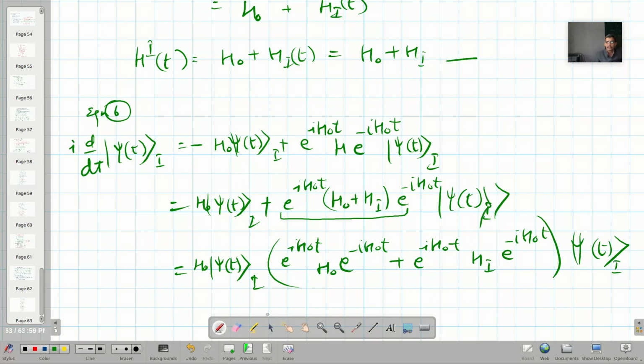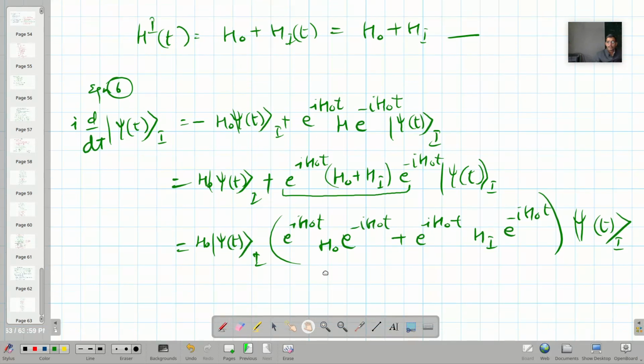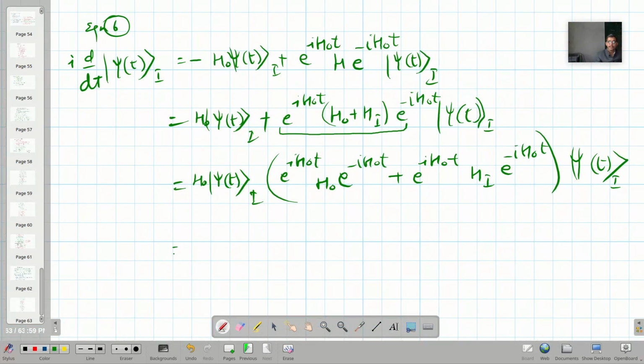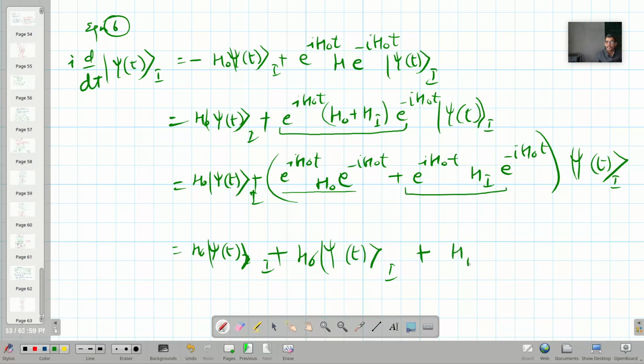Let me correct it a little bit. Yeah, so it is like this. So therefore this is equal to h naught psi t I, and this is h naught multiplied by psi t I, then plus h I, so it is h I psi t I, and this will cancel out because the negative sign is here.